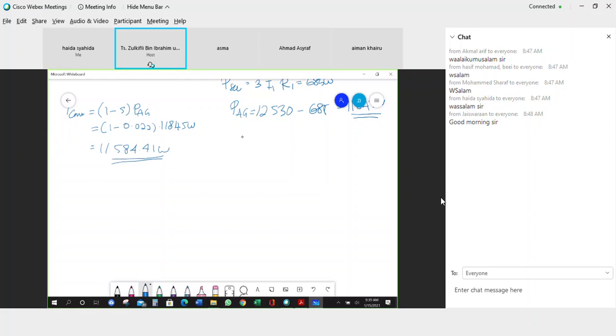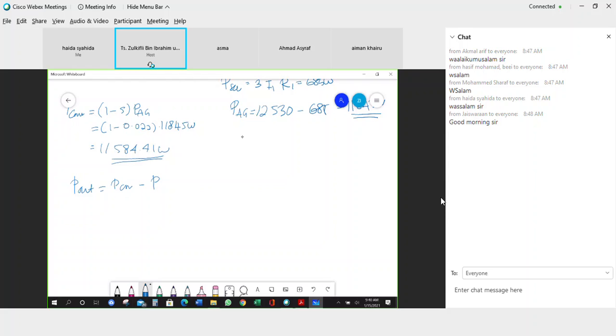Then your output power will be this P converted minus the P apa tadi? Kalau tengok power flow, P friction and stray.